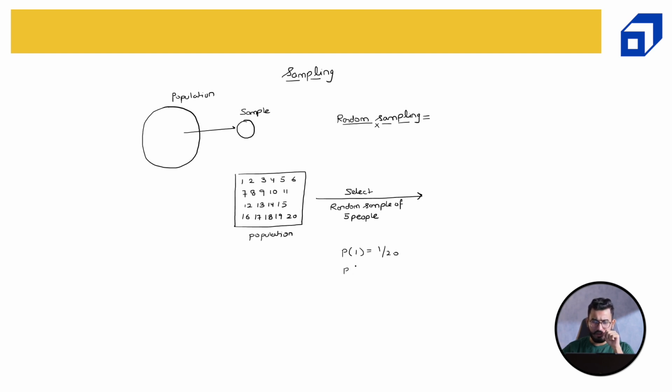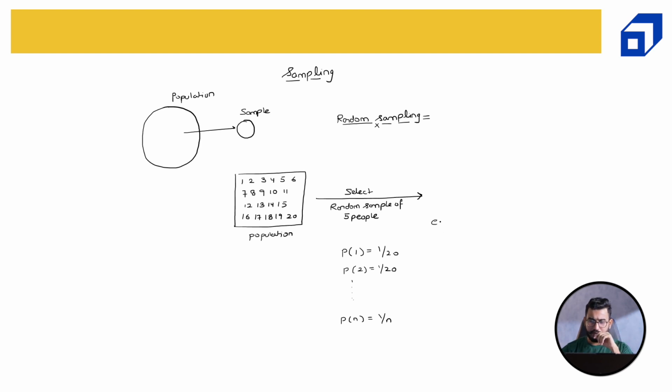The probability of selecting 2 is 1 divided by 20, and this is the same for selecting any number, 1 divided by n, which basically means in simple random sampling there is no bias. We will just randomly select any observation from a population, and the probability of selecting any observation is 1 divided by n, the same probability for every observation.